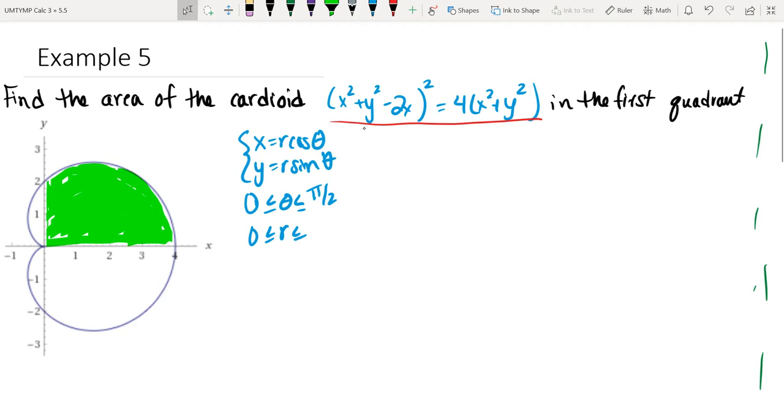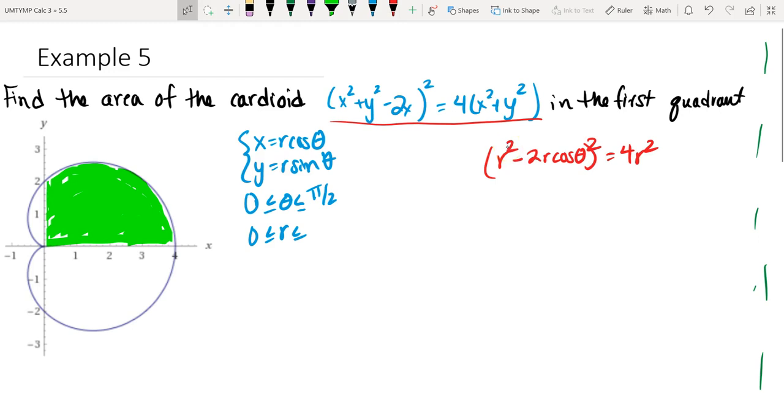So if I do this, let's say I get r and then minus 2, and then this is r cosine theta, and I have to square that, and this is equal to 4r squared. And I'm sorry, this is r squared.